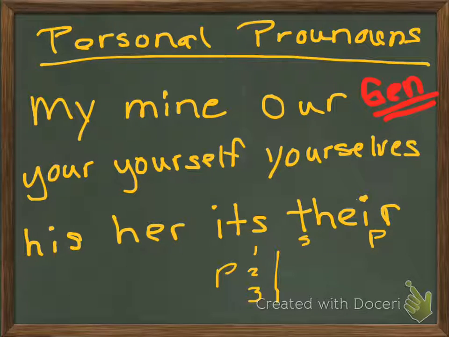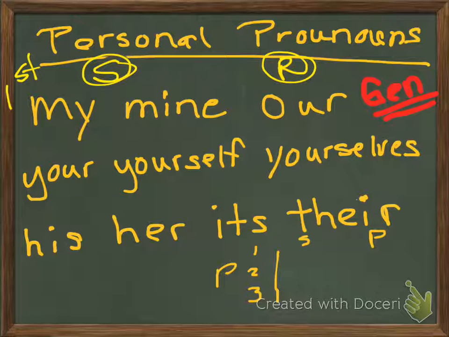You can see that in the red. Genitive meaning ownership or possession. And we're going a little different in this organization. Not only are we talking about singular and plural, but we're also talking about first person, second person, third person.